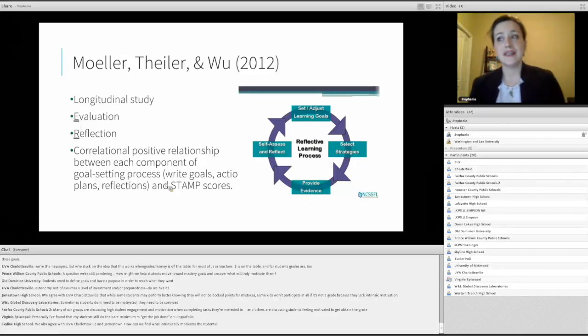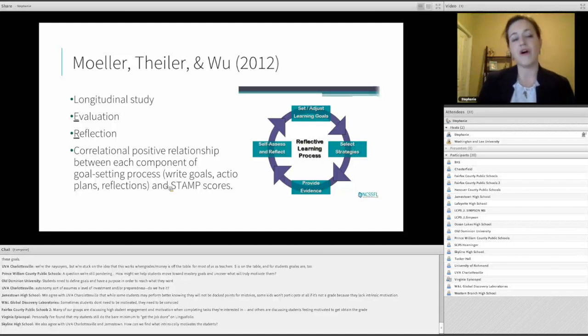If they didn't engage that much, they found it to be just something they had to do, something slapped on top of all of their other work. It didn't connect to their other work. It just felt like an extra thing. Having not been to your school, it's difficult for me to say what might be going on, but I can at least give you that quick overview of what the research said.